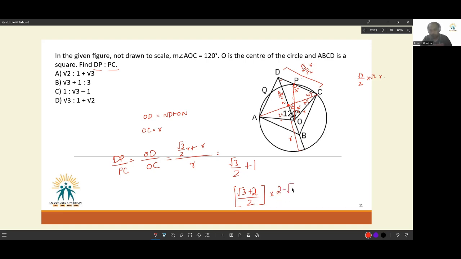So 2 minus root 3 by 2 minus root 3. So then I'll have 4 minus root 3 in the denominator. Numerator will be 1. Denominator will be 4 minus 2 root 3. I don't even have that. Oof.